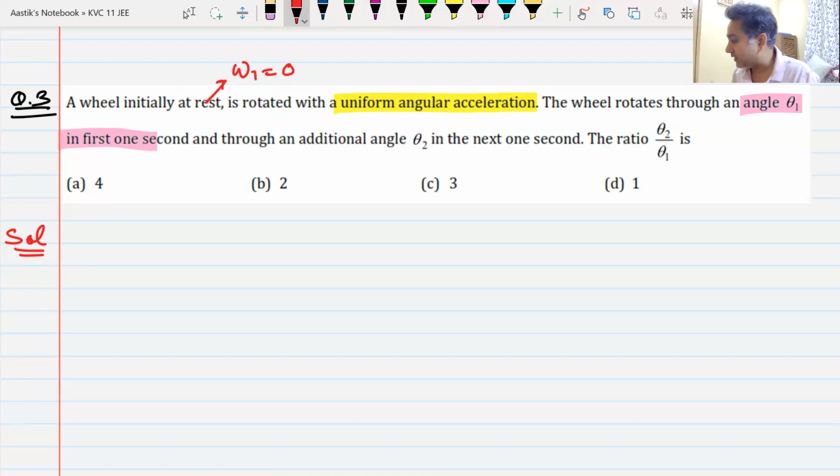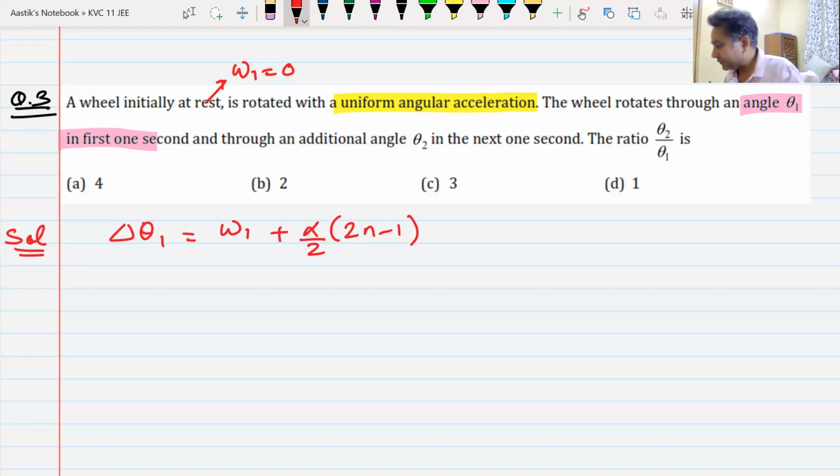So this is the displacement in the first second. I can put the values omega 1 plus alpha by 2 into 2n minus 1. From there, I can find out the displacement in the first second. How much is it coming? It will come as alpha by 2. Yes or no?